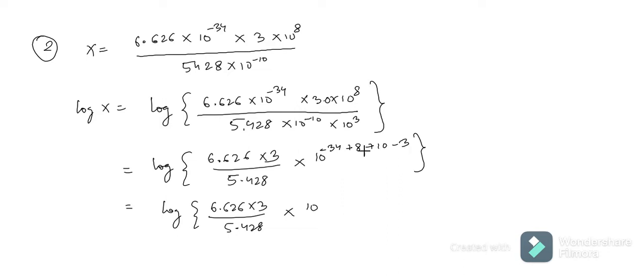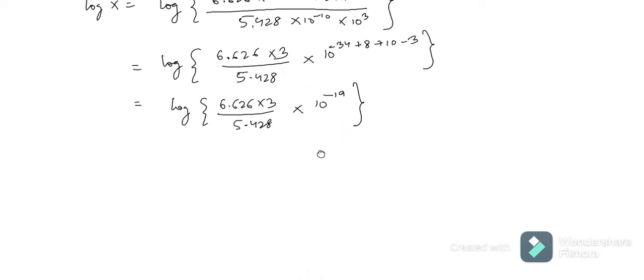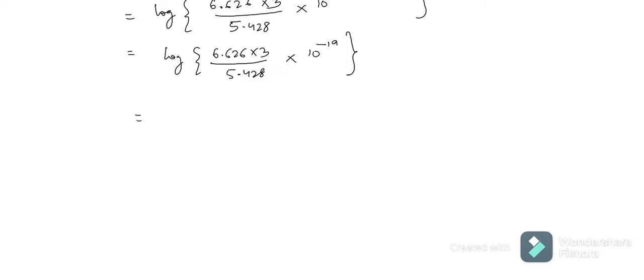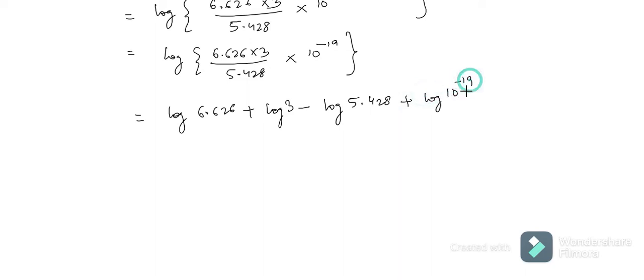This is going to be 7, 15, and 34 minus 15 is going to be 19 minus 19. Okay, so this is equal to log 6.626 plus log 3 minus log 5.428 plus log 21 minus 19.